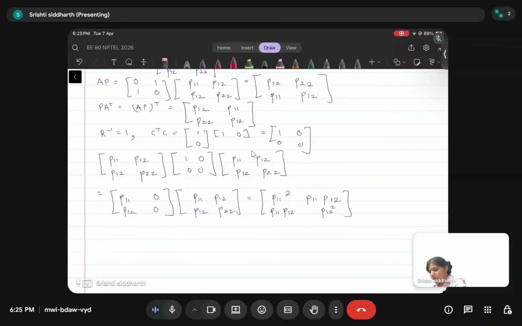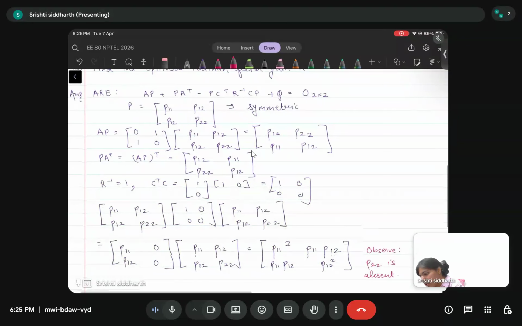So what can we observe? P22 is absent, right? So we can choose P22 after we calculate P11 and P12.